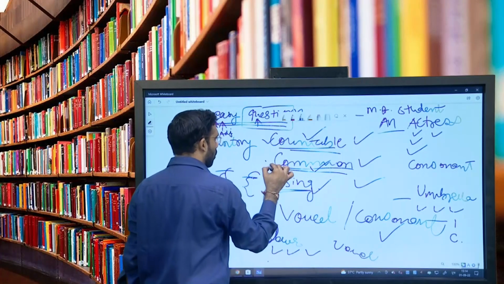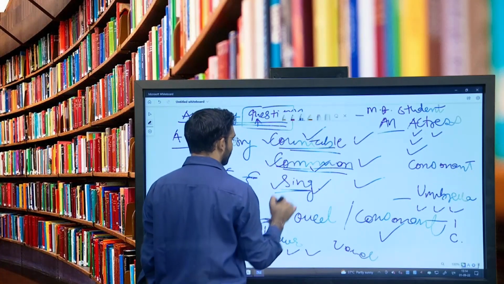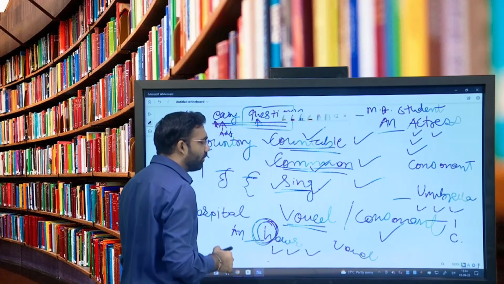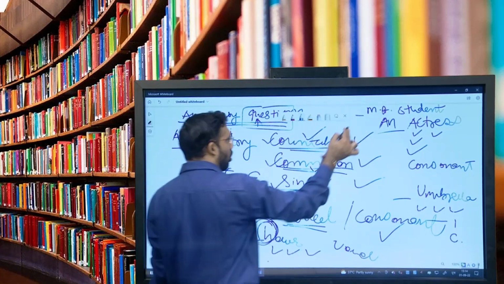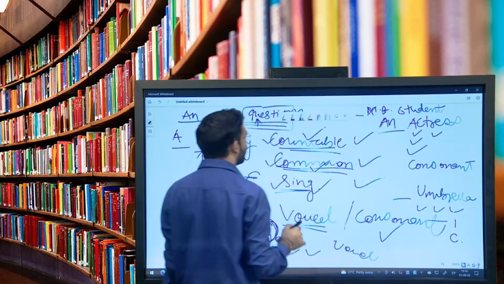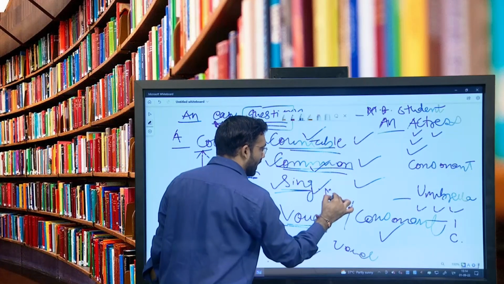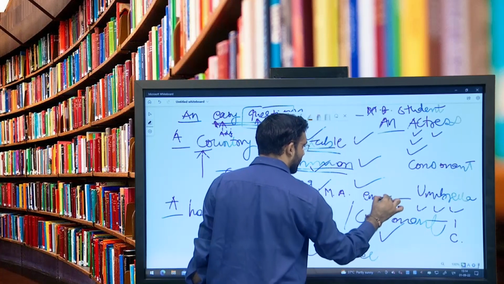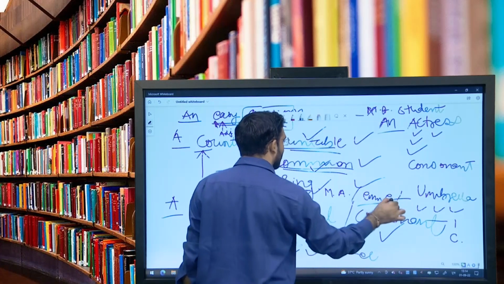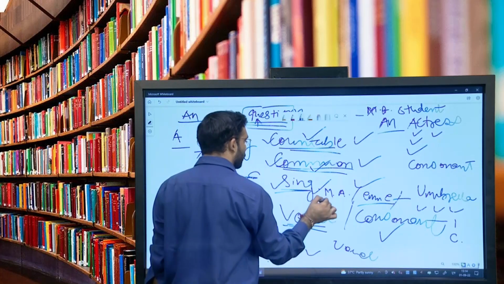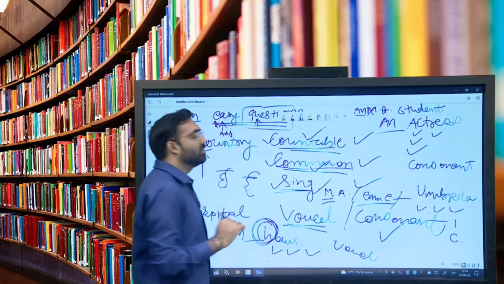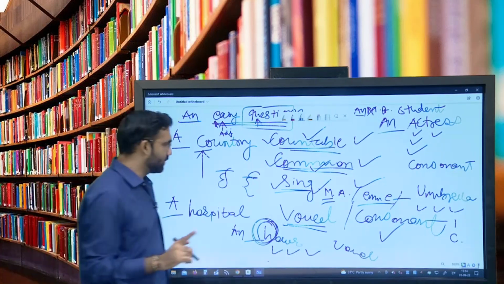Common? Yes. Singular? Yes. Vowel sound or consonant sound? Don't look at the letter. Look at the sound. Am a. Am a. The sound is MA. So you would use an MA student, not a MA student.